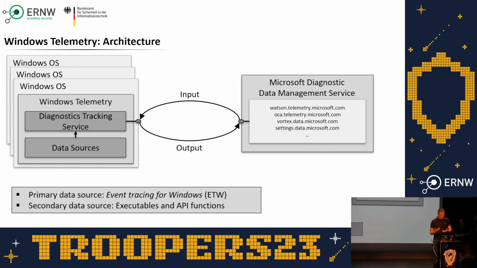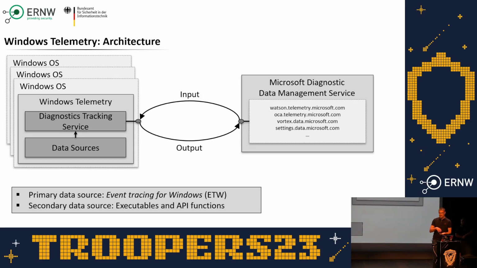And communication with the backend takes place via the network. The telemetry information is pushed over to Microsoft Diagnostic Data Management Services, and configuration updates are fetched from that network. So this was the state of our research back in 2018.